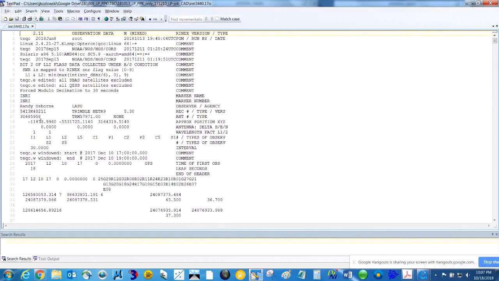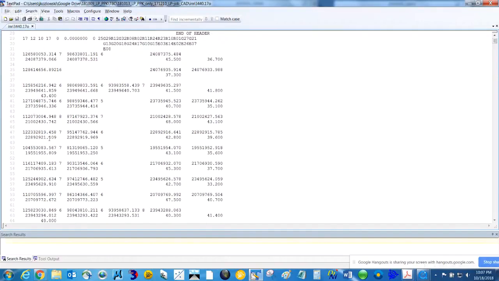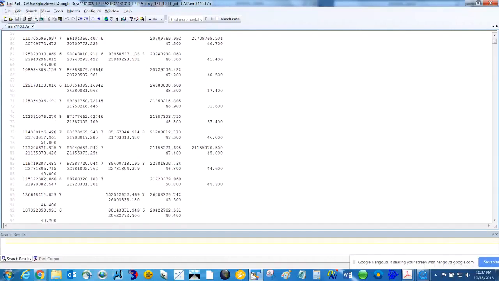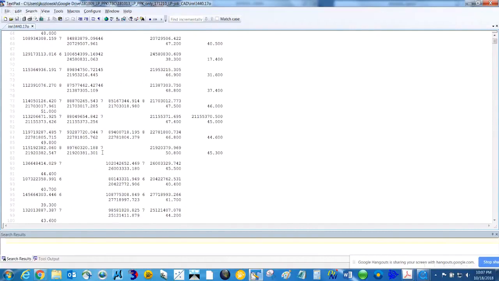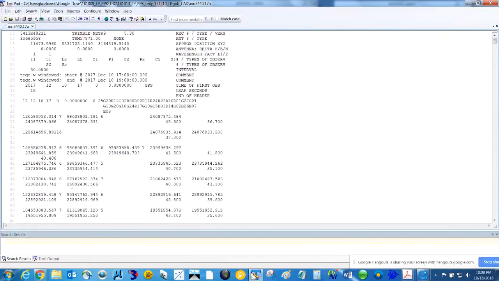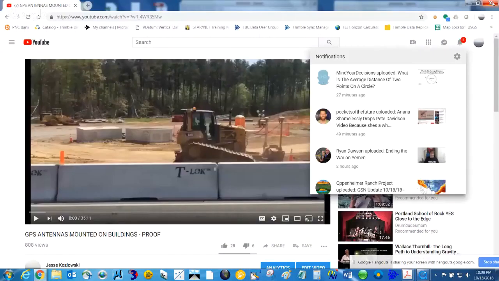What it does is it actually computes the ranges from the satellites to the antenna. And I've made this point all the time, that if people really want to believe that these are coming from ground-based cellular antennas, these distances are 20,000 kilometers, like 12,000 miles, and they're all pointing to space. It's just dumb.